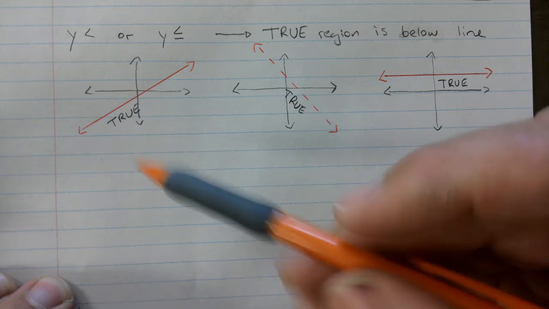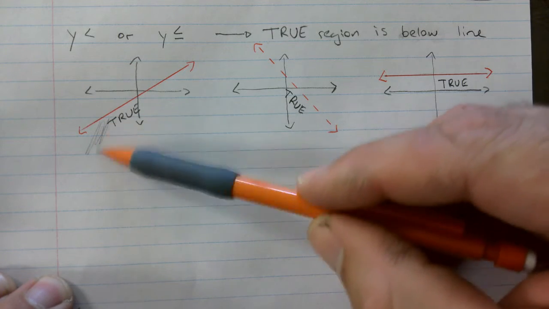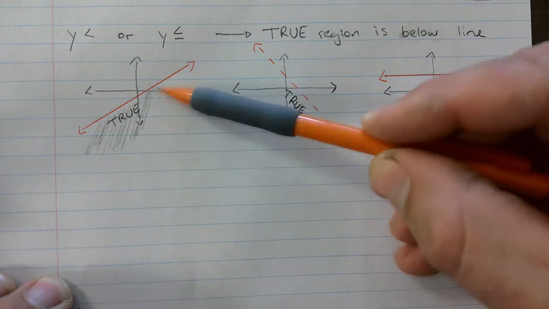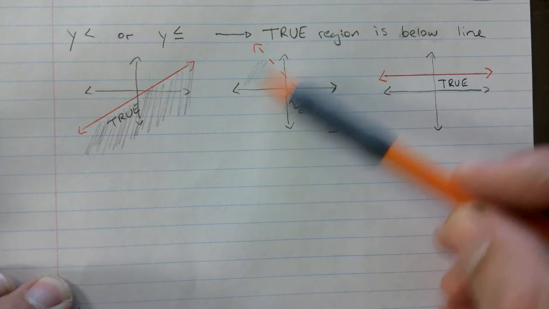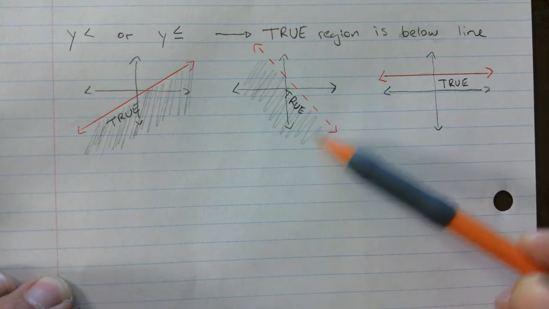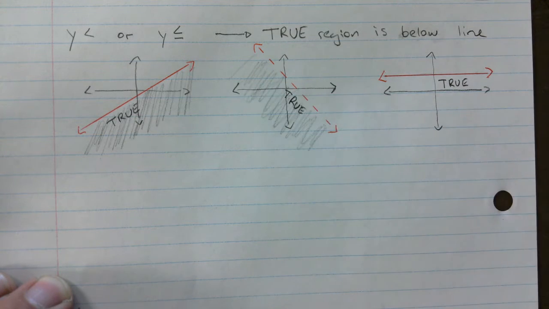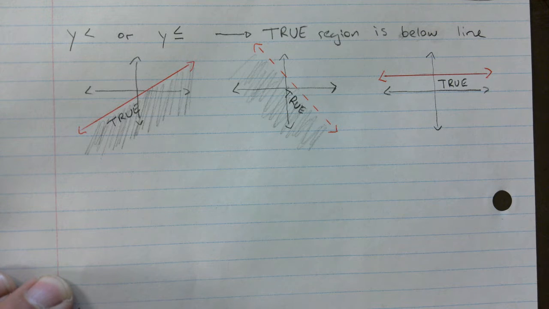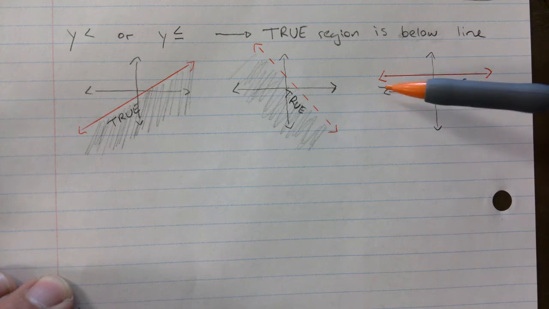So we would shade just lightly everything that's below it. So without using a test point, you can still use the test point. If you like that method, go for it. But when you do systems, folks, it's going to confuse you, and it's going to take a lot longer.